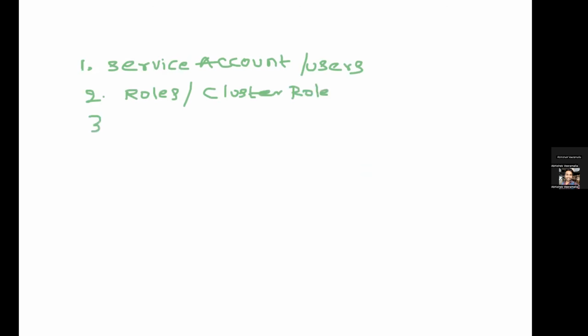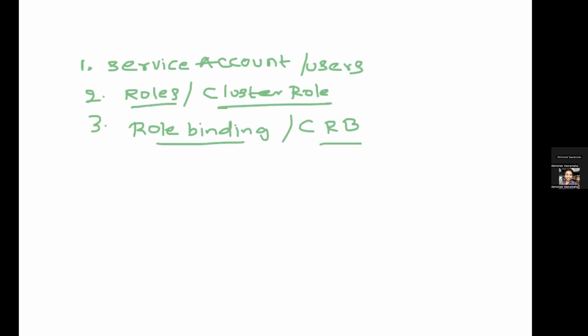Third is role binding or cluster role binding. I'll try to explain the difference between roles and cluster roles, and role binding and cluster role binding as well. Don't worry about it. But first of all, these are the high level three things that can define RBAC in Kubernetes.